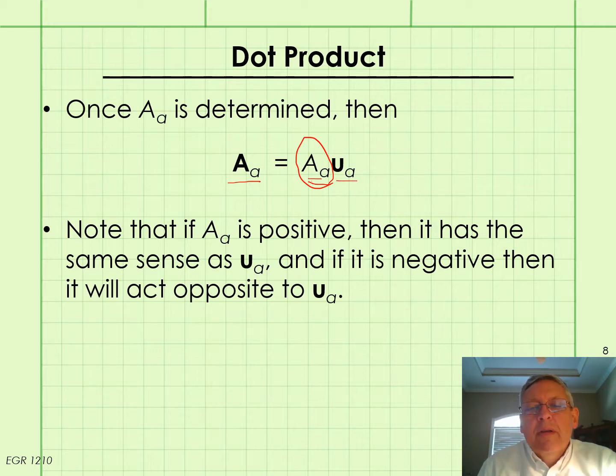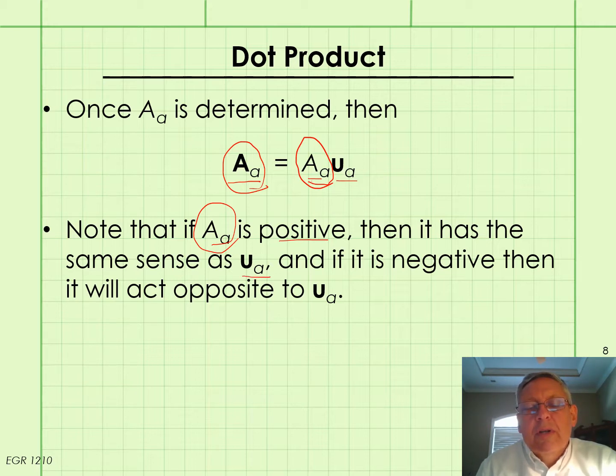Now remember that when you calculate this magnitude, the dot product is going to yield a scalar. It could be positive or negative. If that scalar is positive, then that means that the vector A sub a has the same sense as the unit vector that you used.